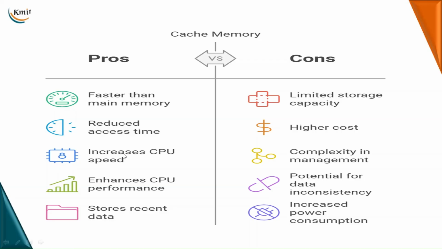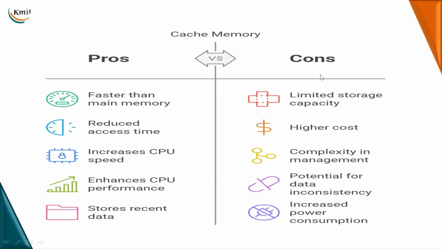Whenever the access time is less, the speed of your CPU increases, and the execution time of your program also improves. It can perform more work in less time, and it enhances the performance of your CPU. Moreover, it is used to store only the most frequently used data. These are all the advantages.